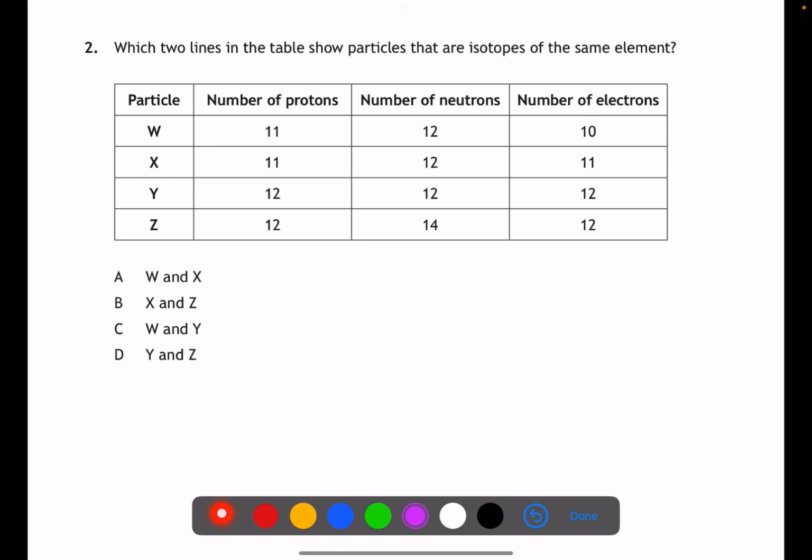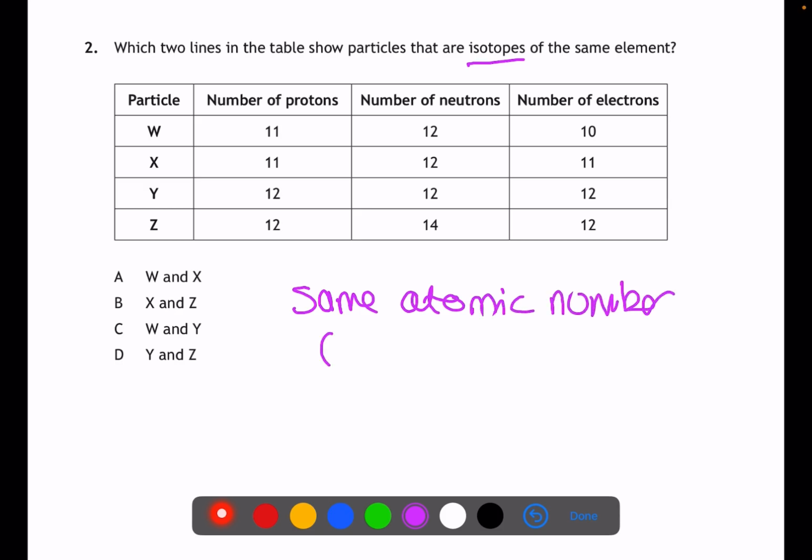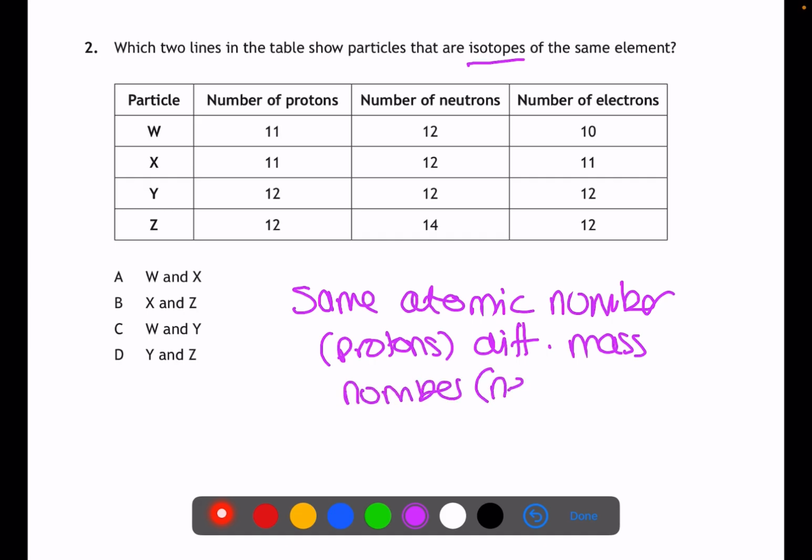Question 2. Which two lines in the table show particles that are isotopes of the same element? Isotope means that it has the same atomic number, which in practice means the same number of protons, but different mass numbers, which means that it'll have different numbers of neutrons.